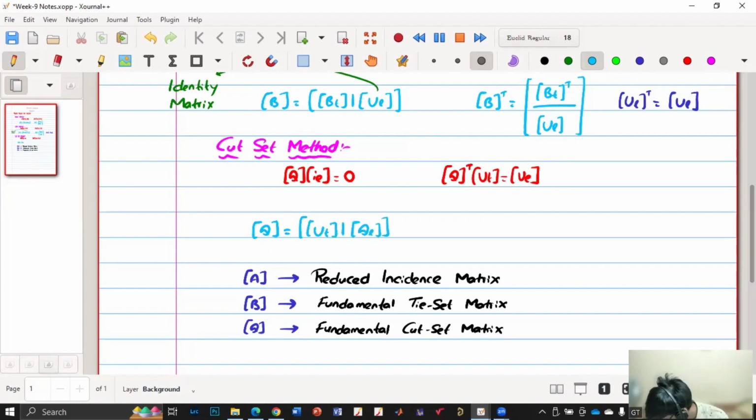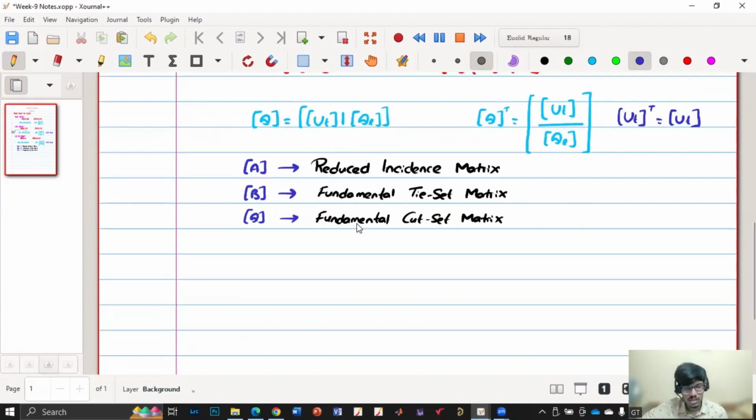If I do the Q transpose, we will be getting U twigs and Q links. And similarly here, U twigs transpose is equal to U twigs.